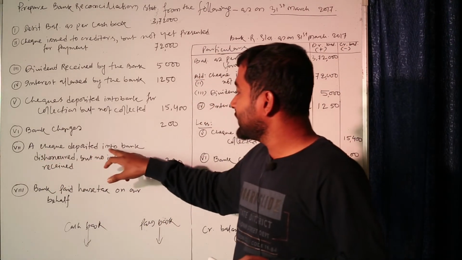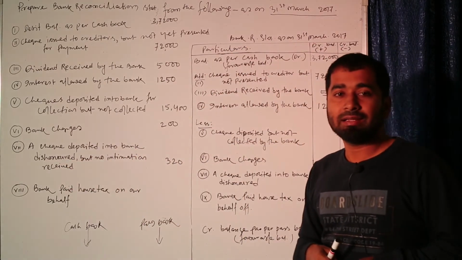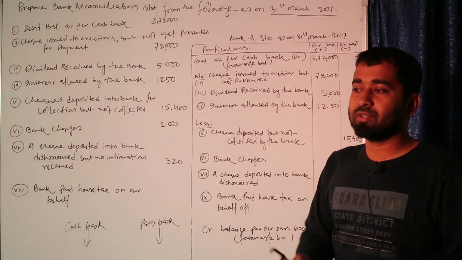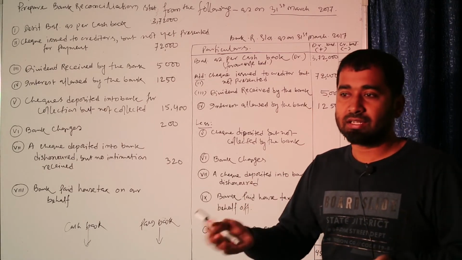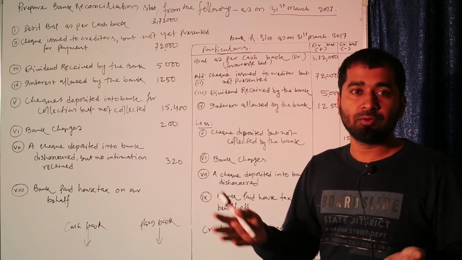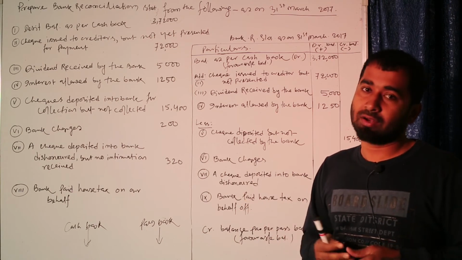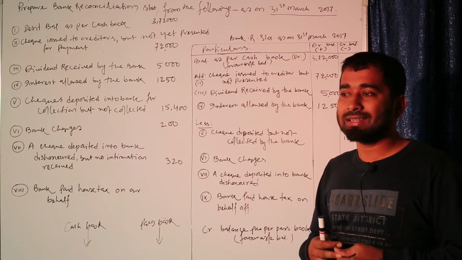A check deposited into bank dishonored. What is dishonored? If any check you have deposited, due to some reason, might be the signature is not matched, sometimes the check is bounced, meaning the available balance is not there in the account, it might be dishonored, not applicable.